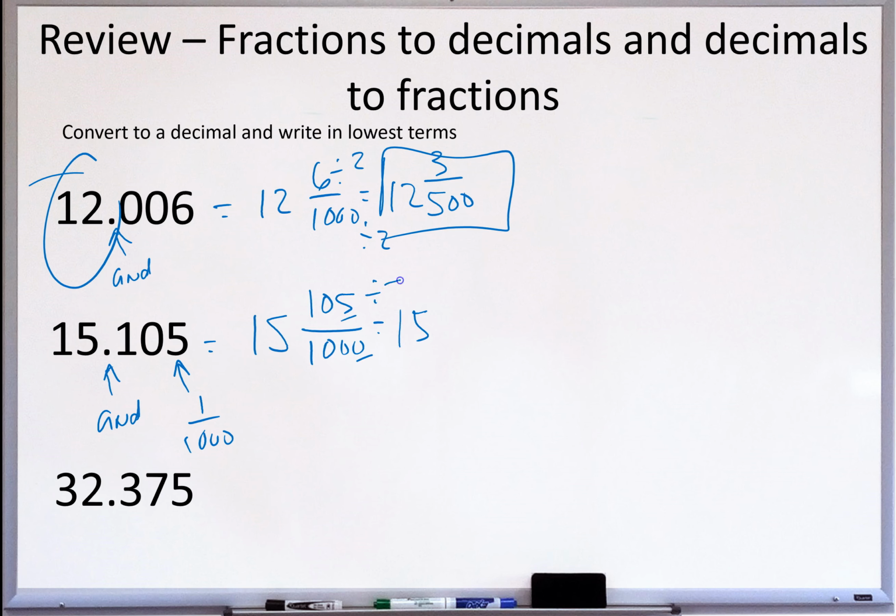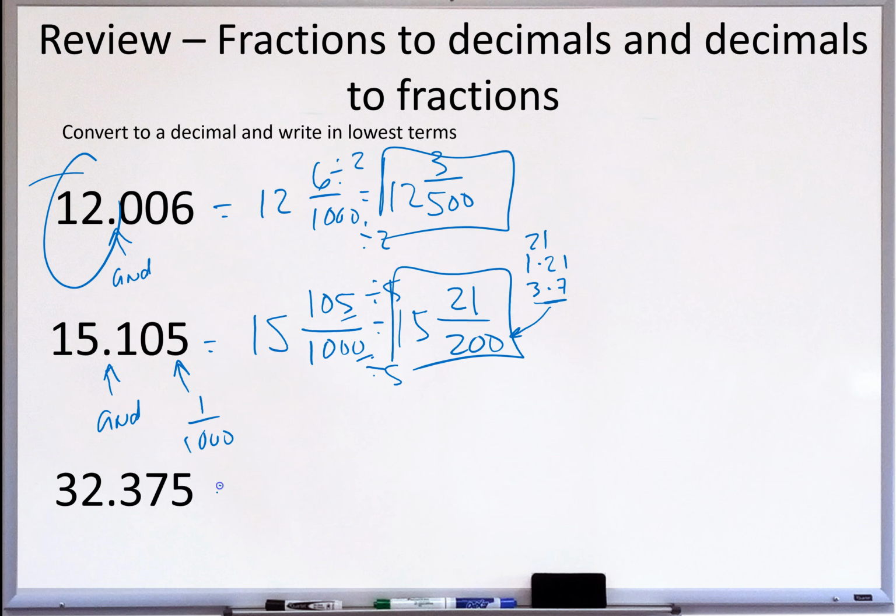So we're going to divide that by 5, divide that by 5, and that's 200, and that's 21. There's a 21 again, so we know our only factors of 21 are 1 times 21 and 3 times 7. Neither one of those are factors of 200, so that's going to be my final answer.